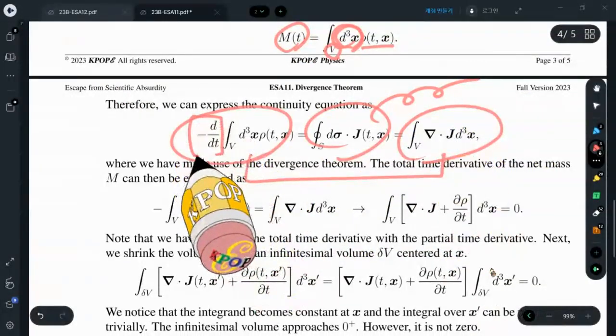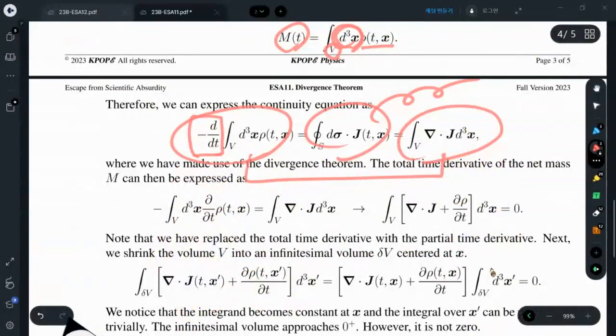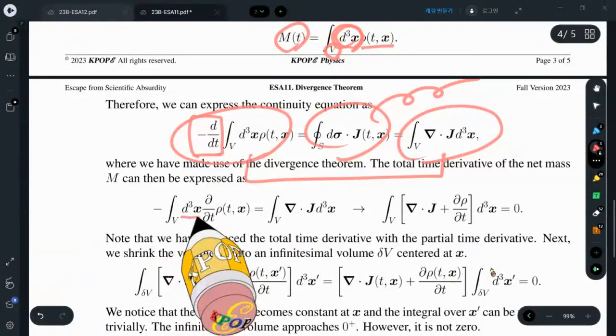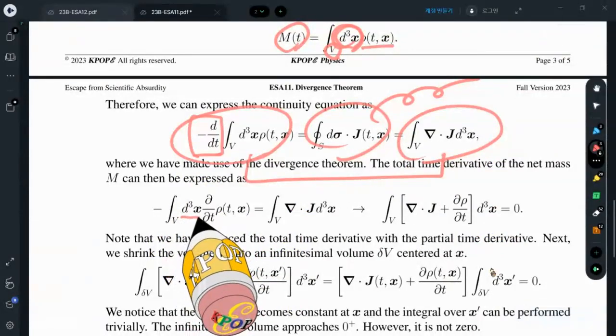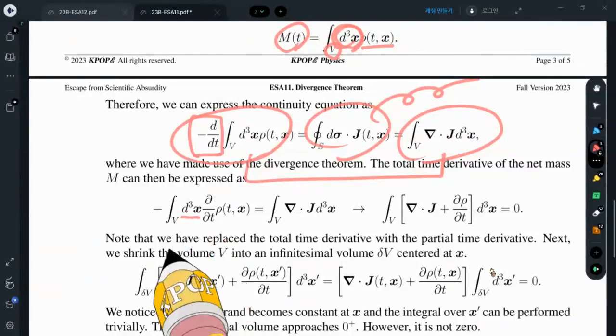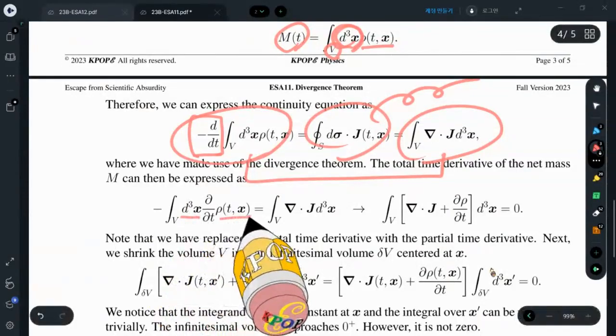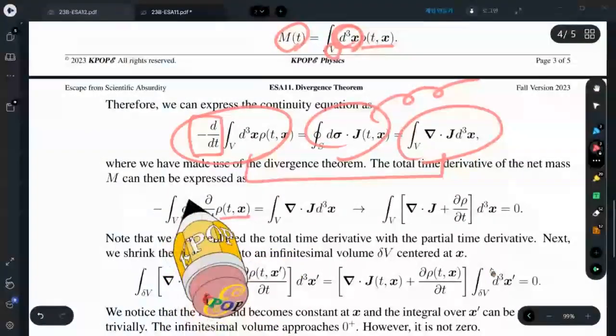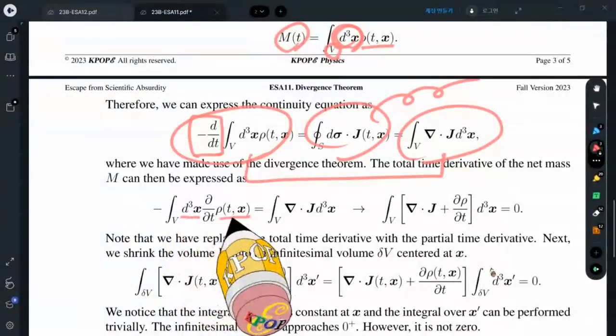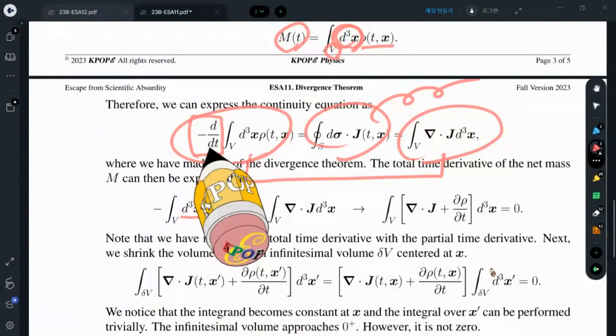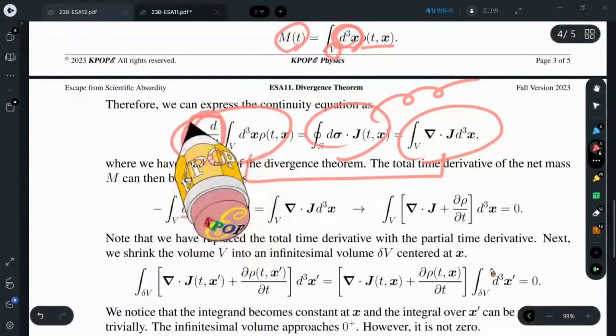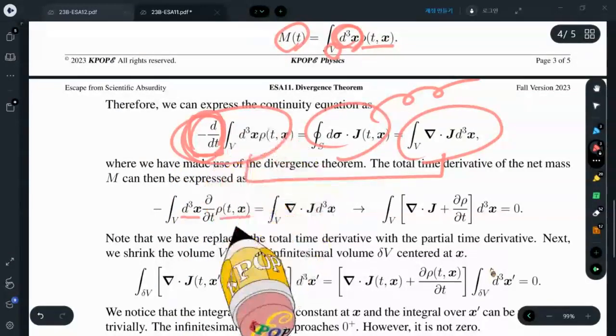I have a time derivative outside of the integral, and this integral is over volume instead of time. So when we evaluate this integral, time is fixed. However, I would like to change the time.